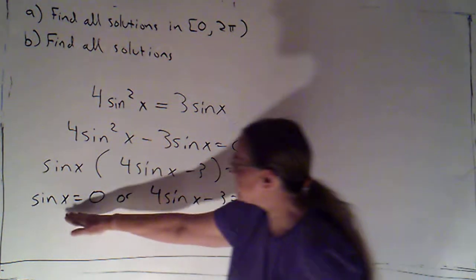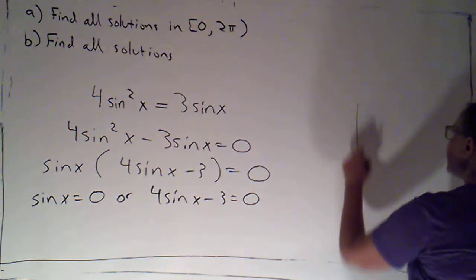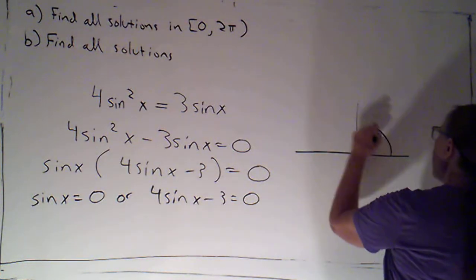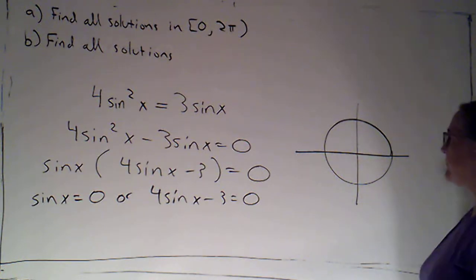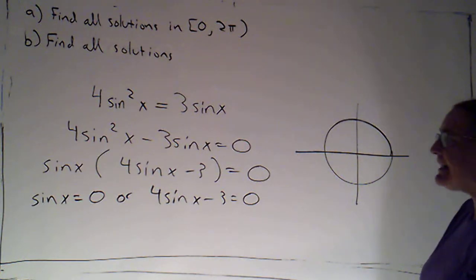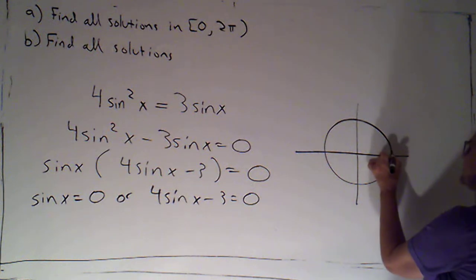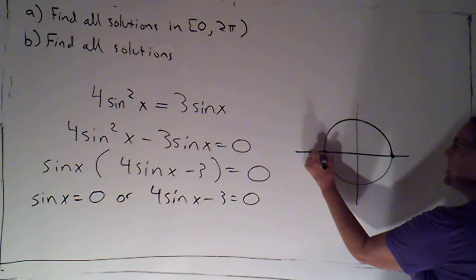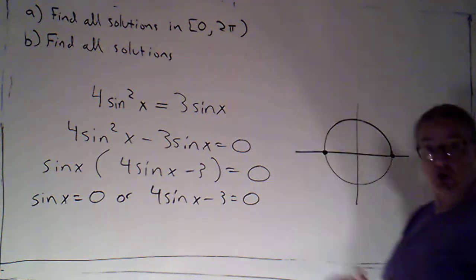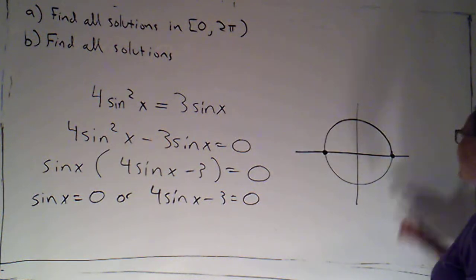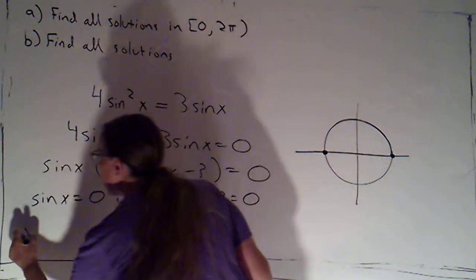Okay, so let's solve this first one. If sine is equal to 0, I know we're really just looking at some quadrantal angles. So I'm going to draw myself my unit circle. Sine is 0 when the y value is 0. So that would be here or here. In this interval, there are two angles that we would get, 0 and pi.